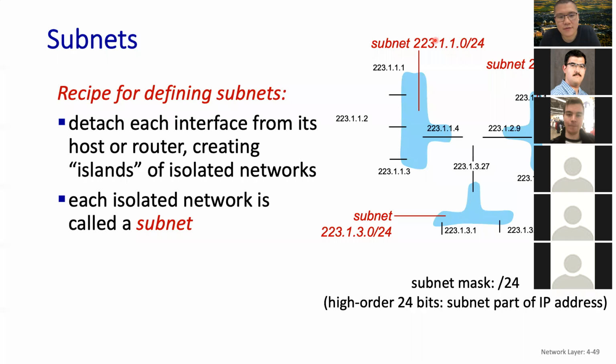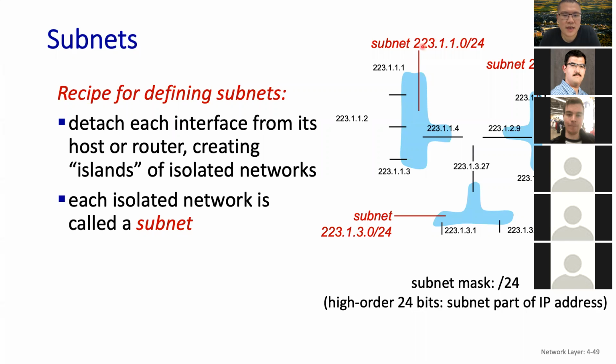And for the first 24 bits, they are not the same, right? They are not the same, but because they are from the same organization, previously some bits could be the same.